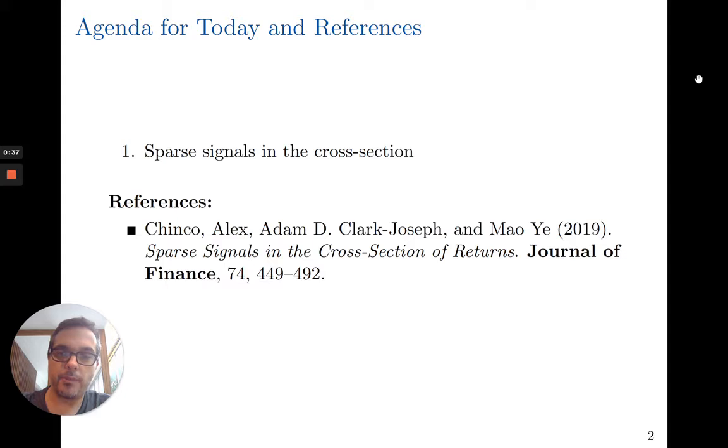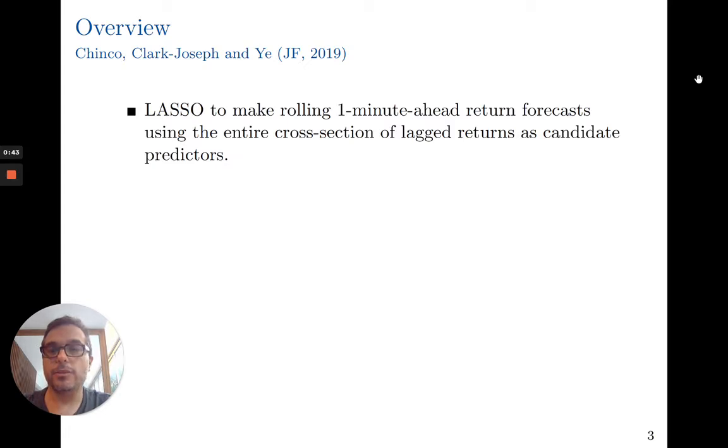which was published in 2019 in the Journal of Finance. So the idea here is that the authors take 1 minute returns for the whole universe of assets traded in the New York Stock Exchange. Okay?